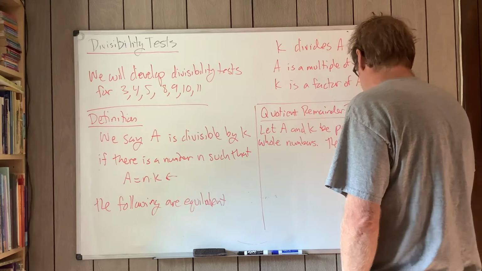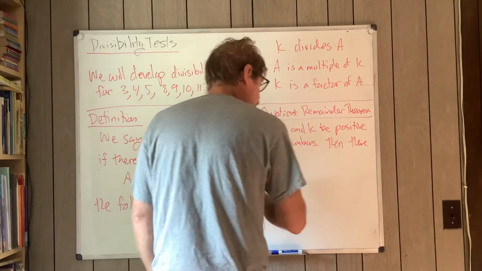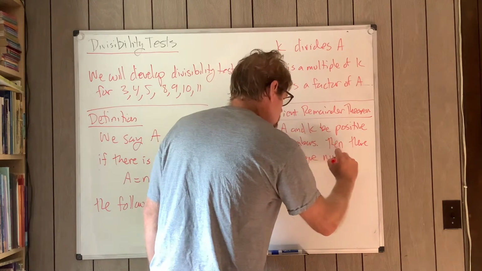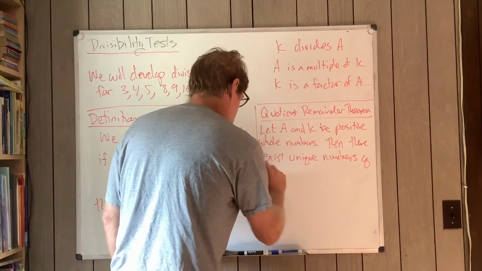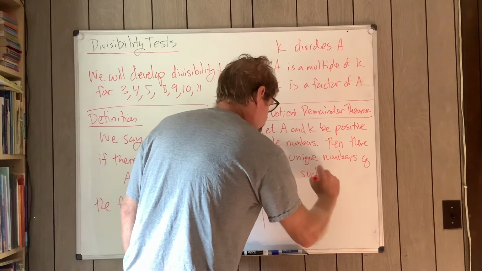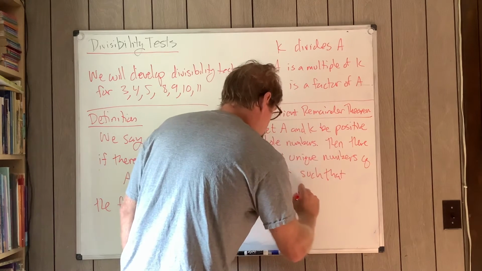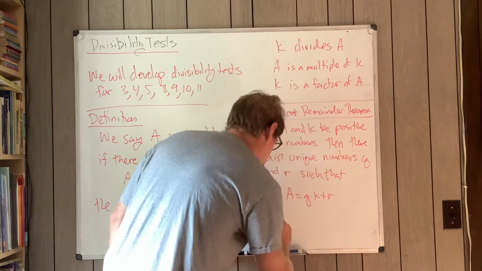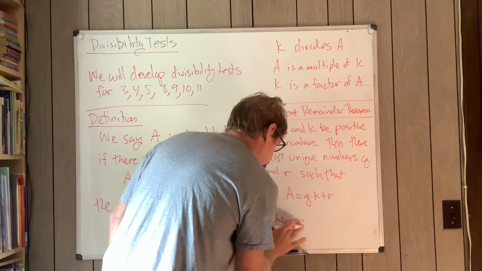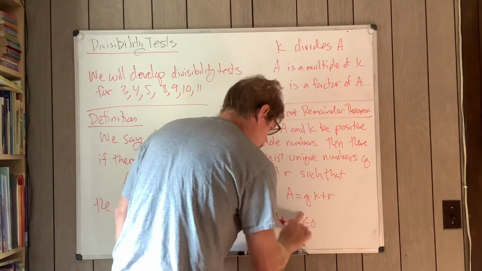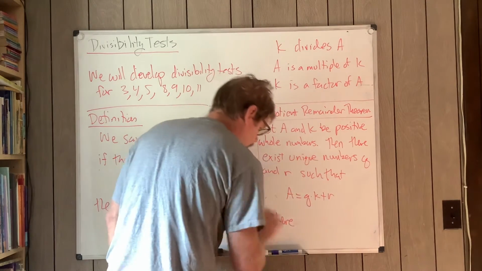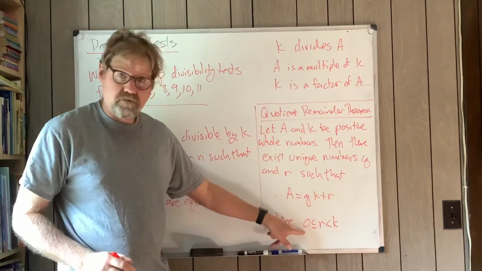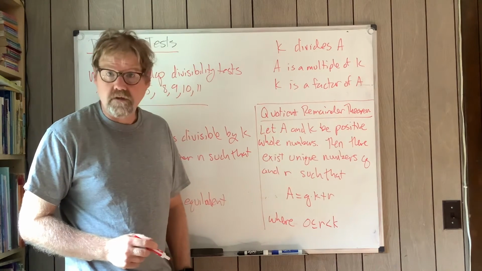Then there exist unique numbers Q and R such that A is Q times K plus R, where R could be 0 and up to but not including K.